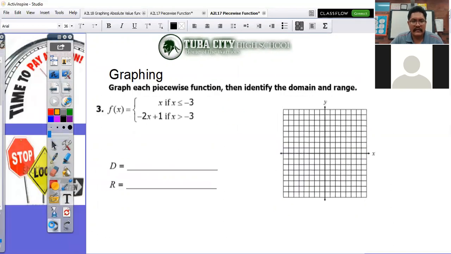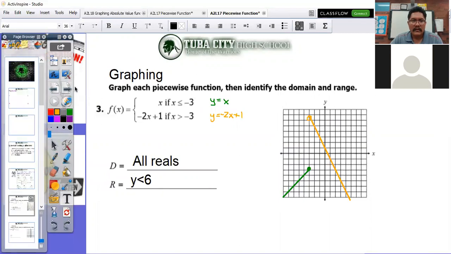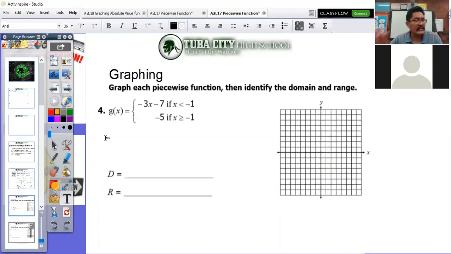Yeah, so any y value less than 6 is the way you would write that. All right, so let's go ahead and move on to the next one.